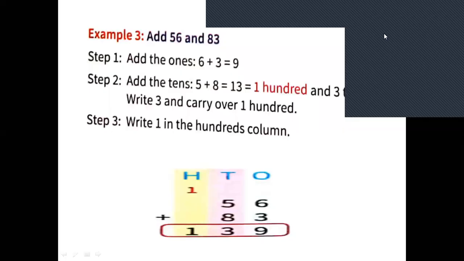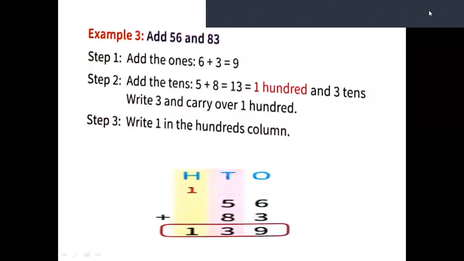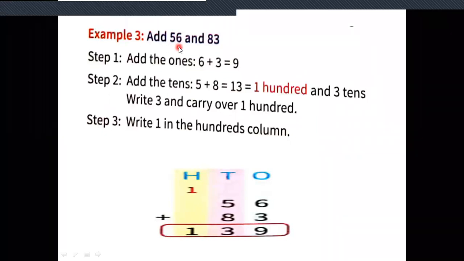Now we are going to see add 56 and 83. See here, step 1. Always put hundreds, tens, ones. 56 means 5 in tens place and 6 in ones place.